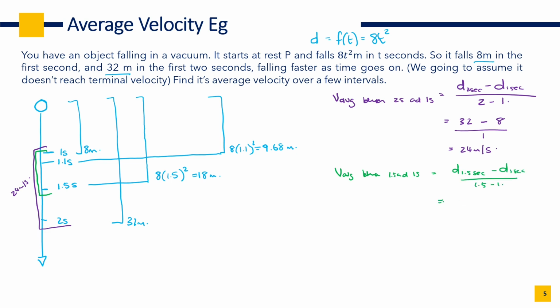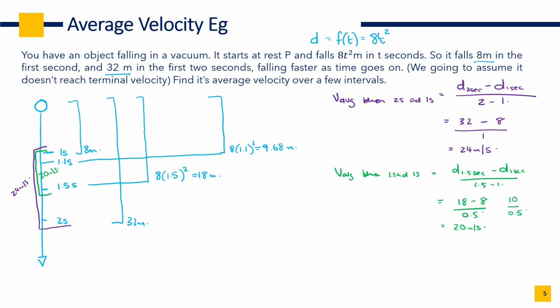And that's going to be 18 minus 8 divided by 0.5. That's 10 divided by 0.5, and that's going to give us 20 meters per second. So between 1 and 1.5 seconds, the average velocity is 20 meters per second.